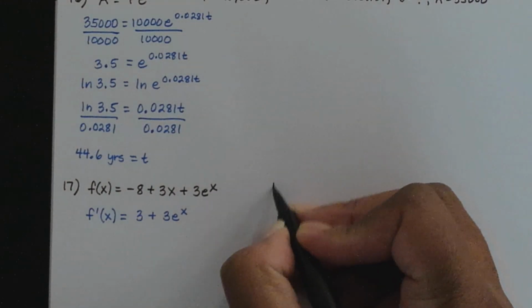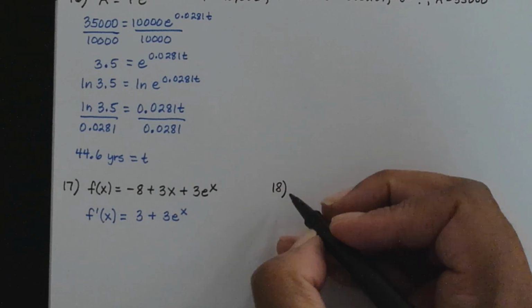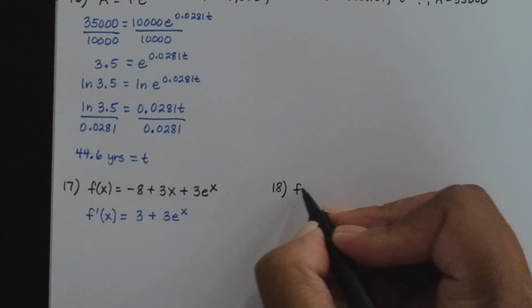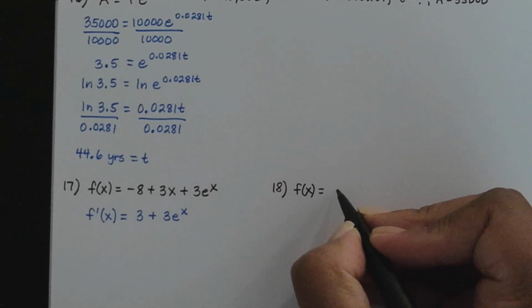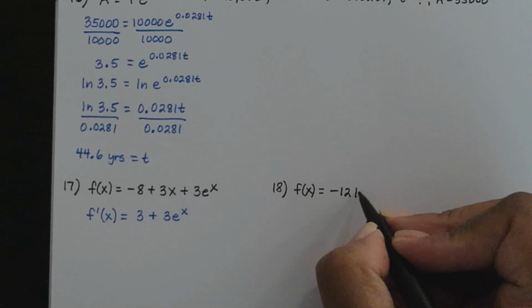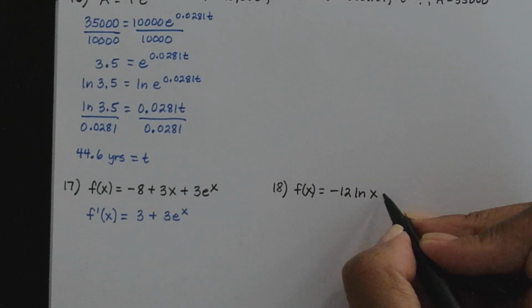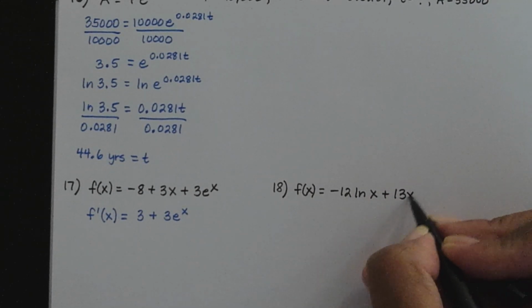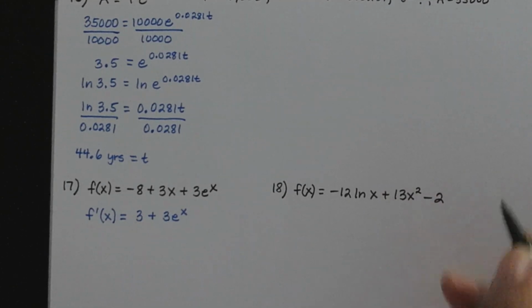And I'll do 18 over here on the right side, where f of x is equal to negative 12 ln of x plus 13x squared minus 2.